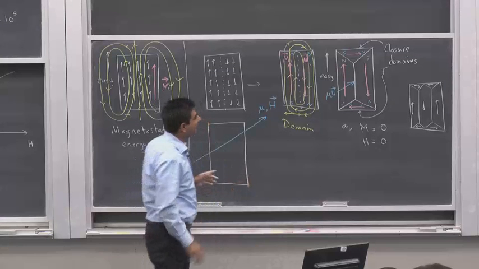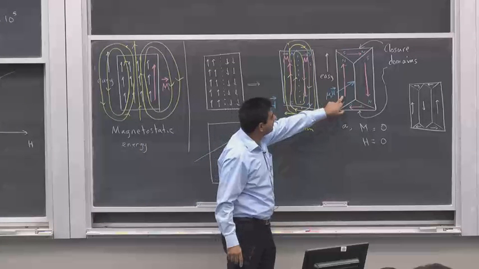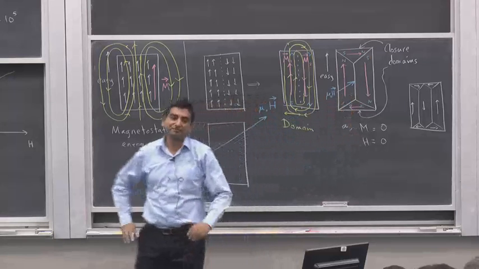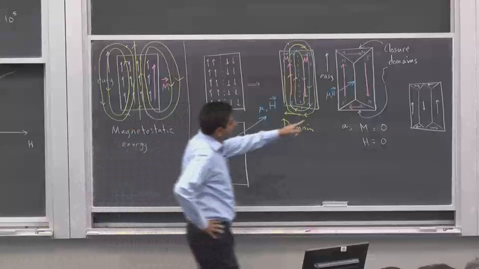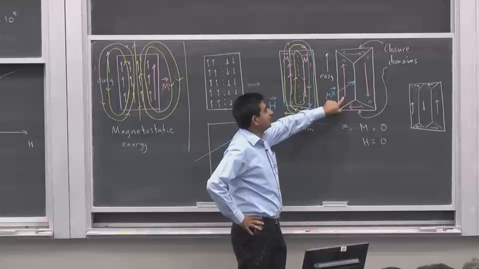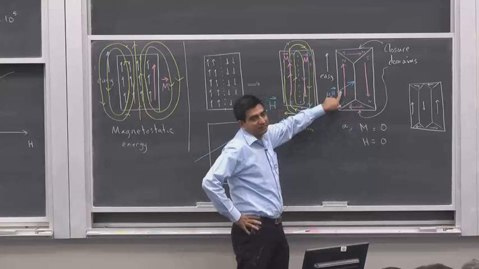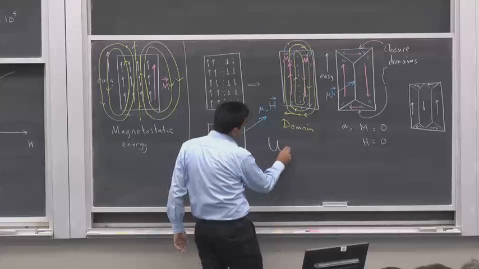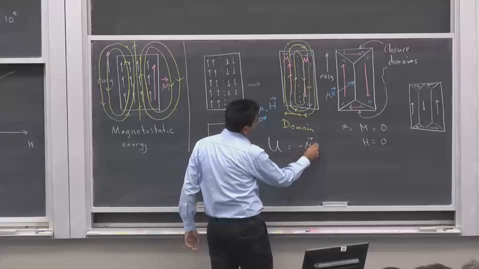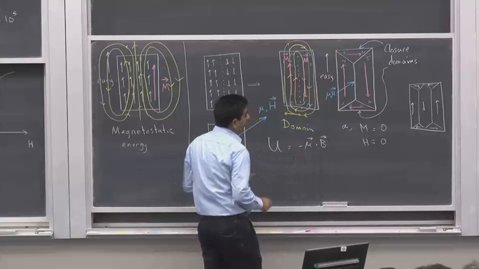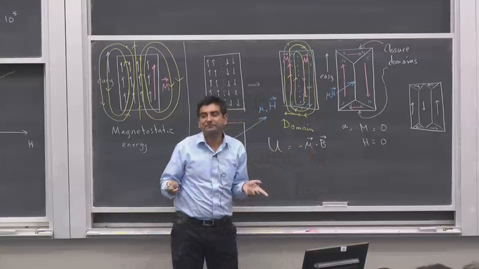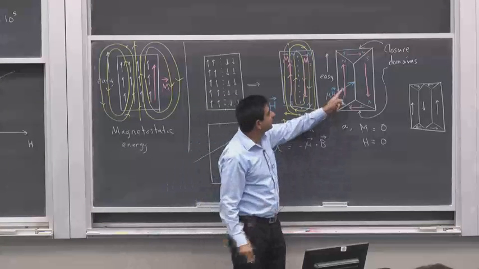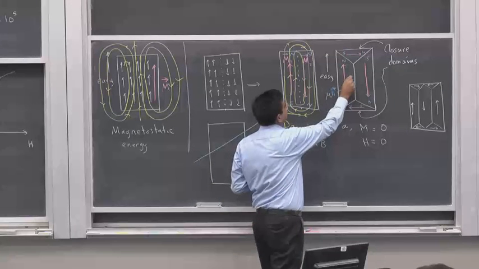So what's going to happen is that the sizes of these domains are going to change. Now this magnetic moment has a lower energy as compared to this magnetic moment if this is the applied field, because we know that the energy is given by minus mu dotted with B. So whenever mu is parallel to B, when theta is close to 0, the energy is lowered. For this configuration, theta is small.